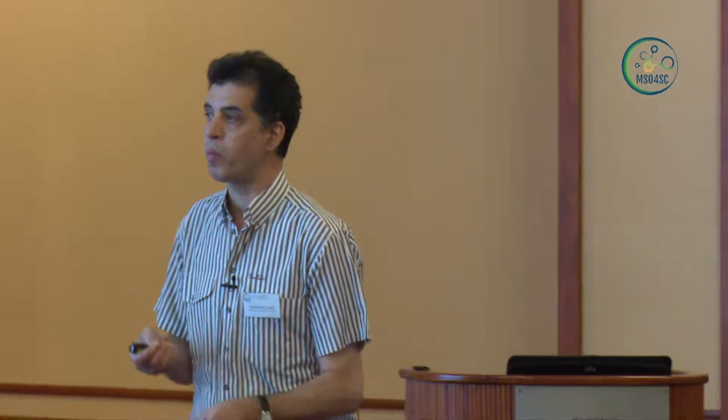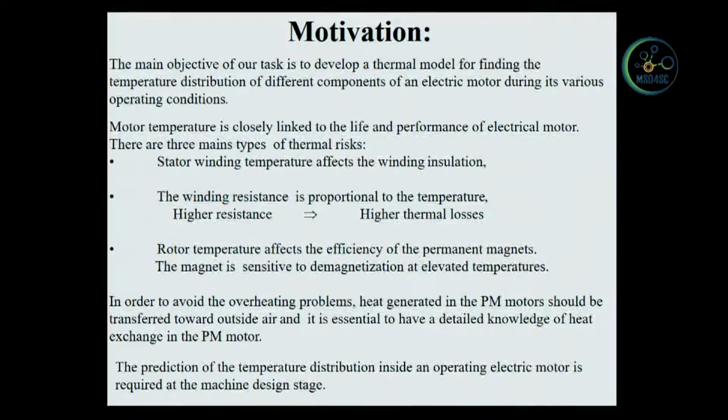And another problem is in the rotor. When the rotor temperature is very high, that can affect the efficiency of the permanent magnet, because the magnet is very sensitive to demagnetization at elevated temperature.